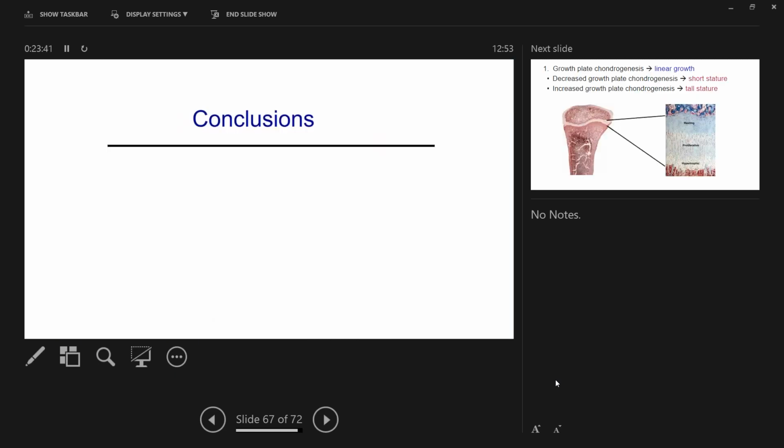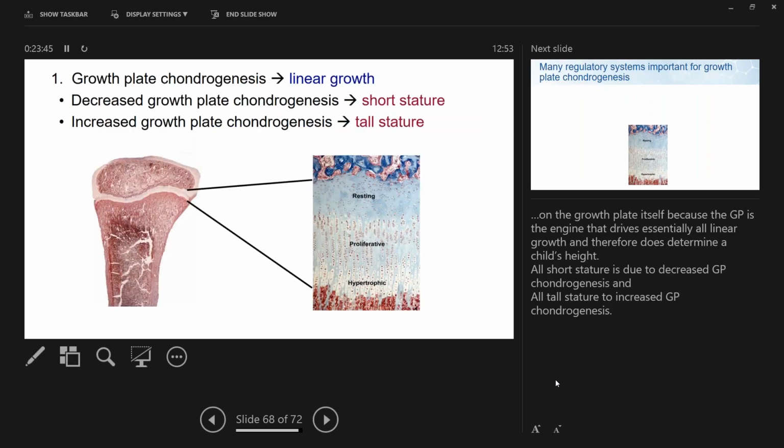So with that, I'd like to conclude, and I hope I convinced you that the growth plate is the center of attention when we talk about growth, and that growth plate chondrogenesis is the fundamental biological mechanism that drives growth, and therefore all short stature is due to decreased growth plate chondrogenesis, and essentially all tall stature to increased growth plate chondrogenesis.